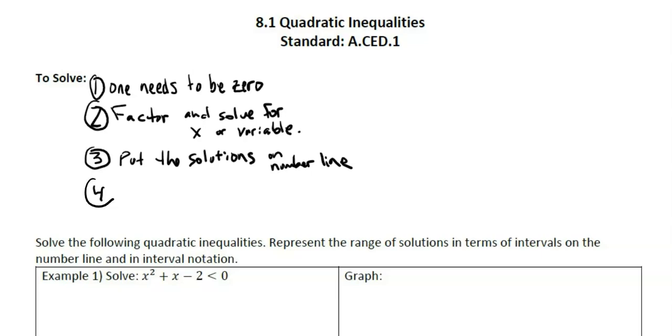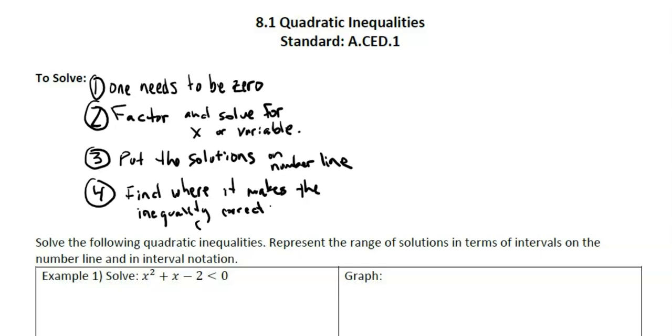And fourth, find where it makes the inequality correct. In other words, we accomplish this by making a sign chart.